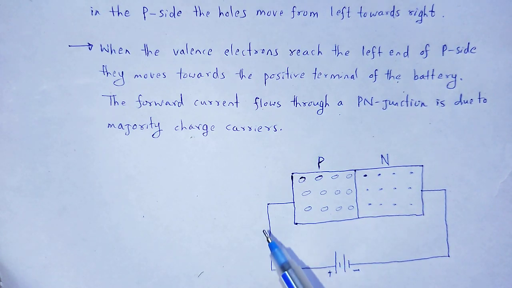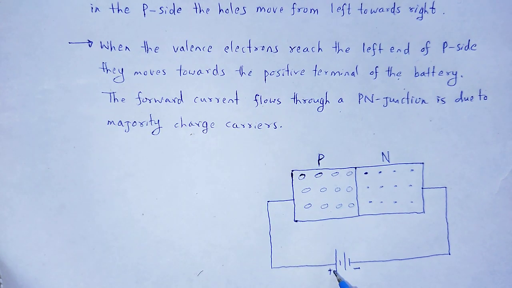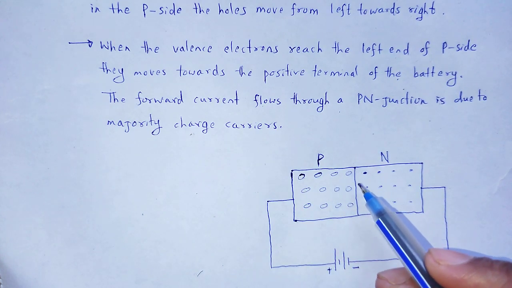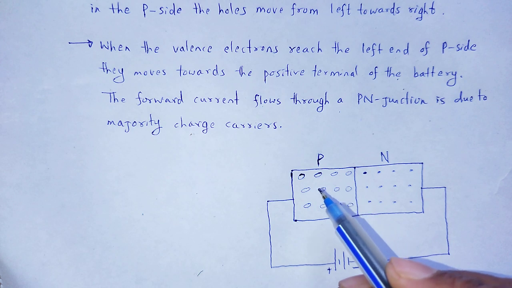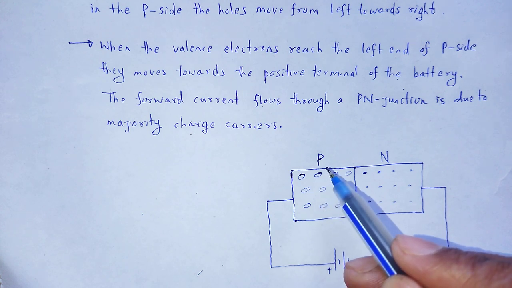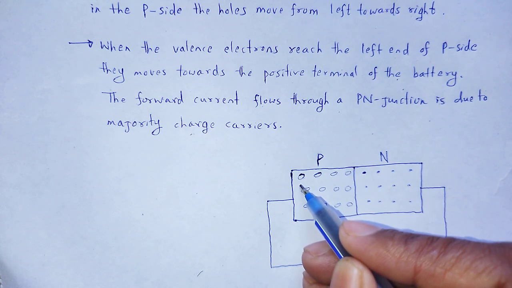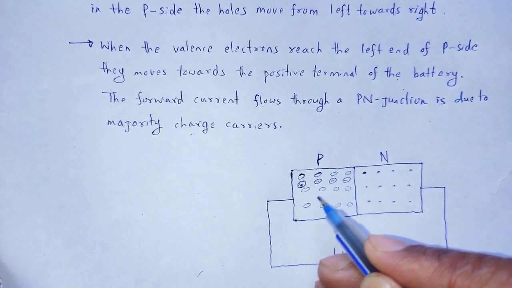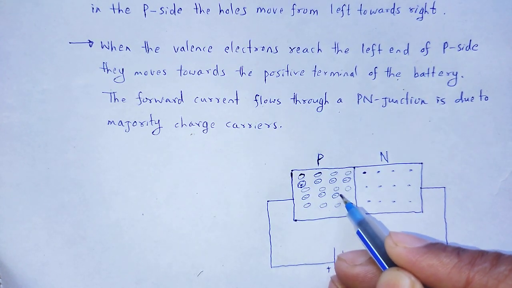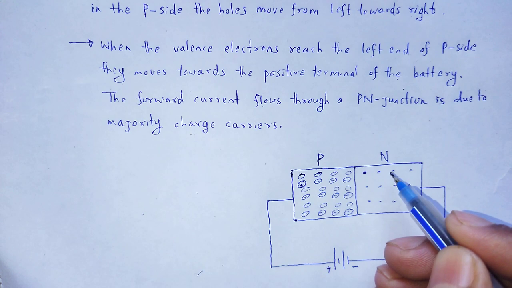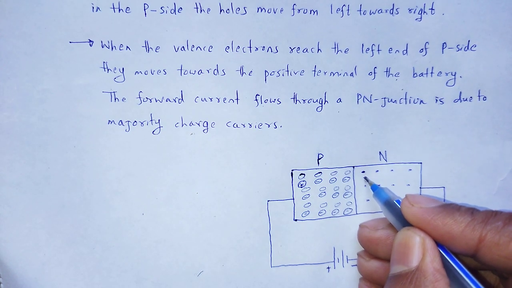When we apply an external electric field, from positive to negative, we have already discussed that in P type semiconductor the ions are negative ions, and in N type semiconductor the ions are positive ions.